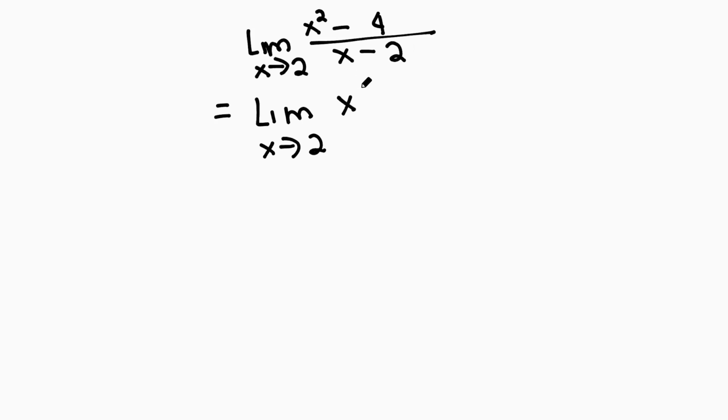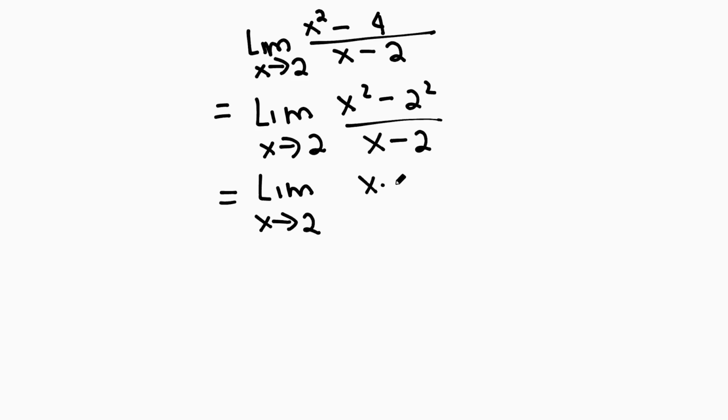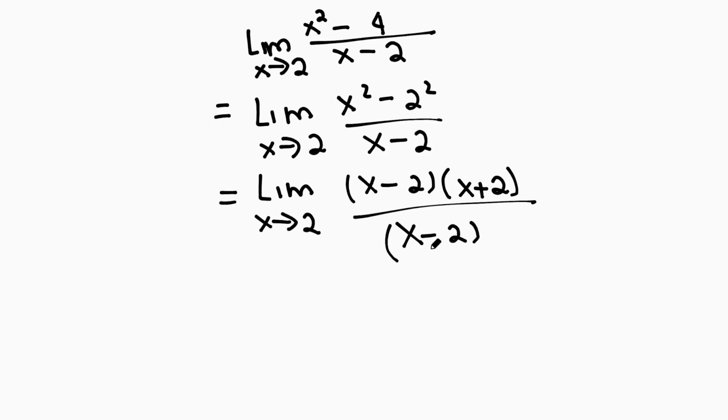It's just going to be equal to x squared minus 2 squared over x minus 2, and that's the difference of squares formula you see over there. It's going to be x minus 2 times x plus 2 over x minus 2.